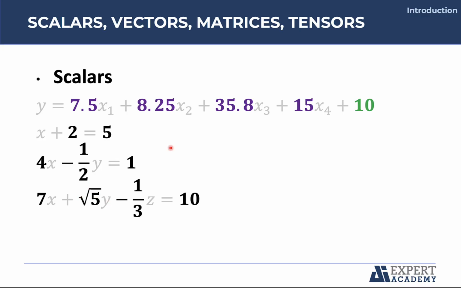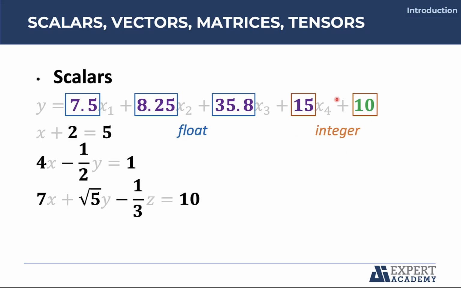In computation, roots and fractions are represented as decimals. They are called floats. On the other hand, integers are represented as a specific type. Usually, in computer programming, the data type is called integer.